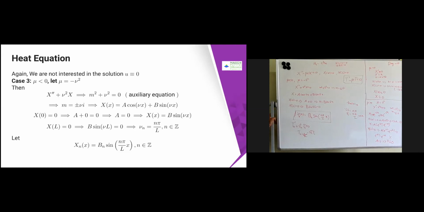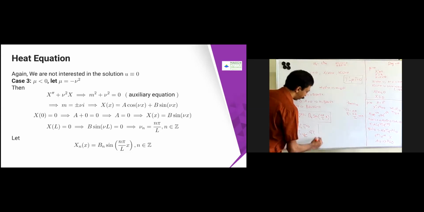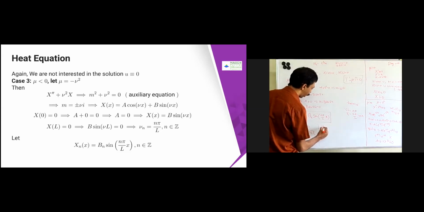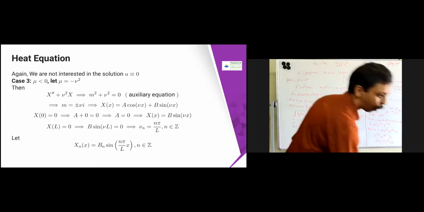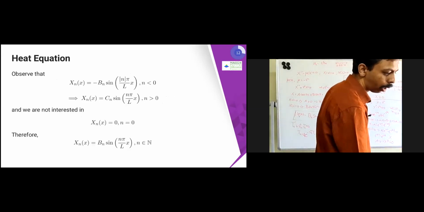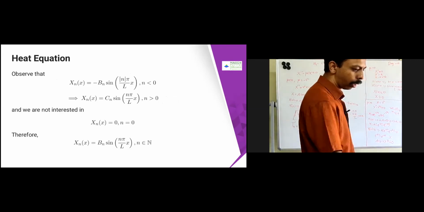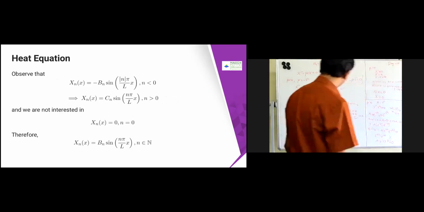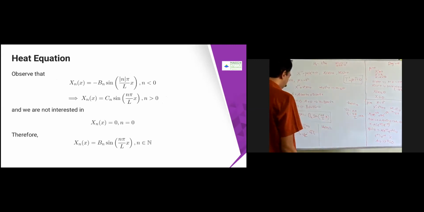Therefore, what is my solution going to become? My solution is going to become un of x comma t. So this is what I got solved, Xn of x and the other things.